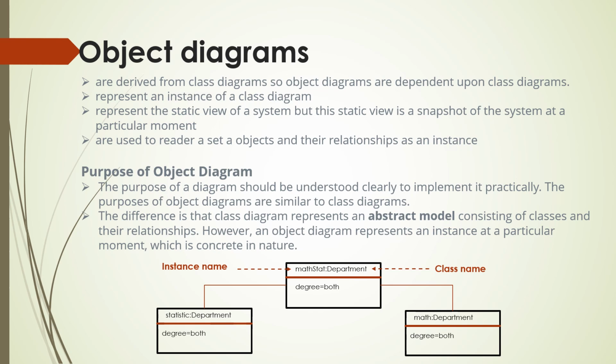However, an object diagram represents an instance at a particular moment, which is concrete in nature. In this figure, it shows that matstat is the instance name of the class department. So this is a sample of an object diagram.